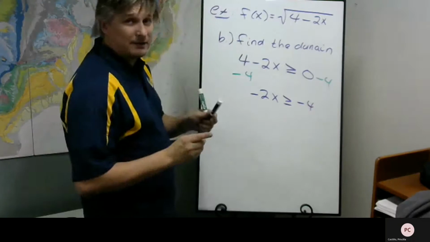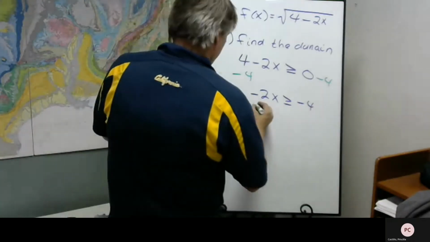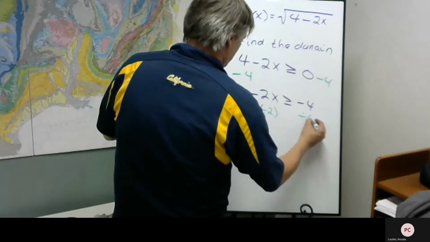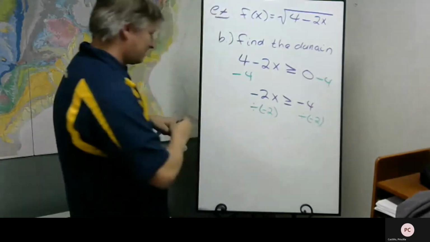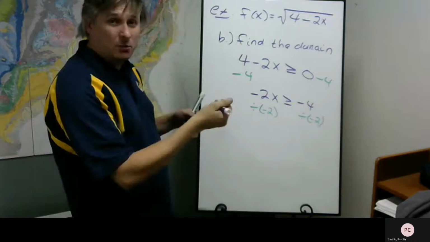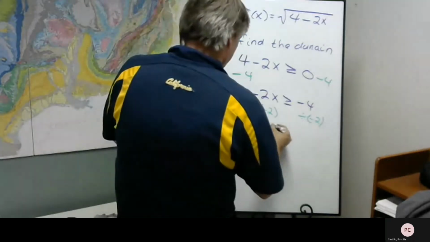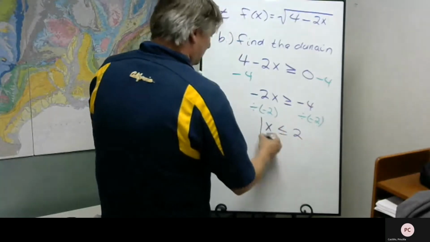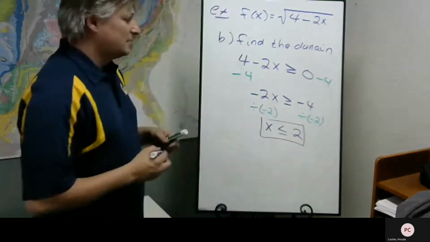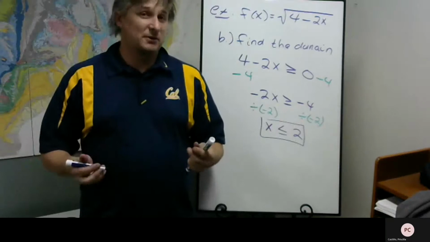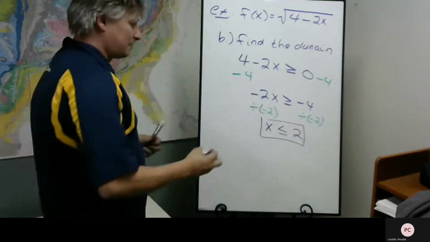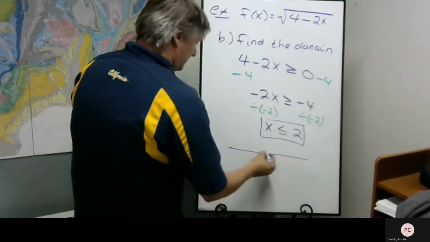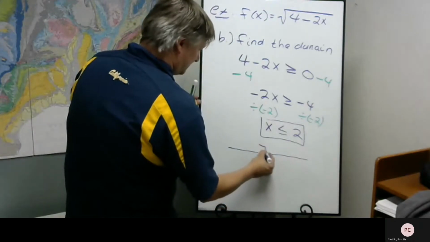Now, since we're dividing by a negative, we're going to switch the inequality. And so what we're going to get, the domain will be x less than or equal to 2. Or, put this on a number line, we're going to include 2.